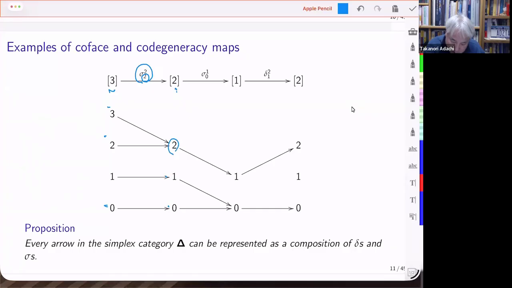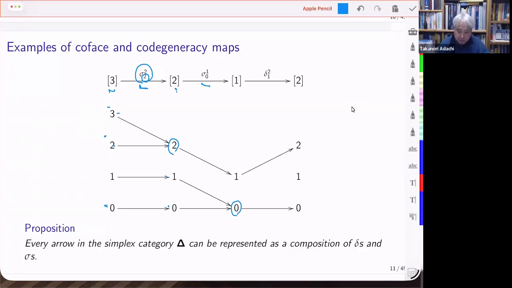So coming from 2 and coming from 3, we duplicate 2 arrows. So this is sigma 2, 2. And sigma 1, 0 is similar: the 0 means we duplicate at 0. The other maps are, of course, the identity.